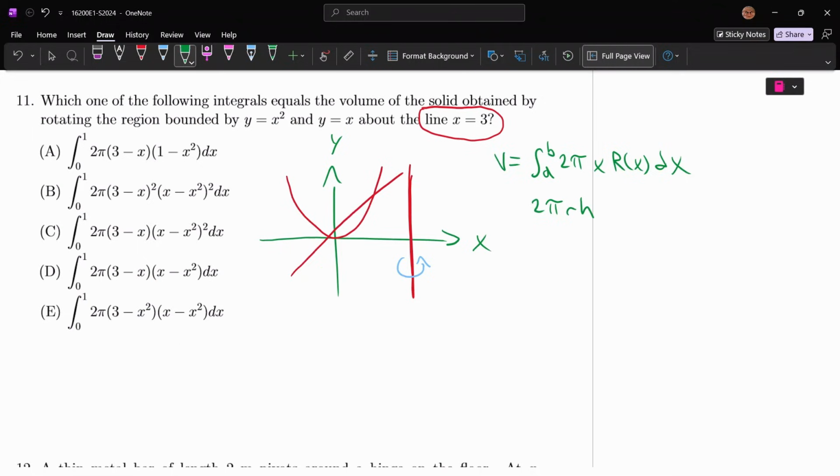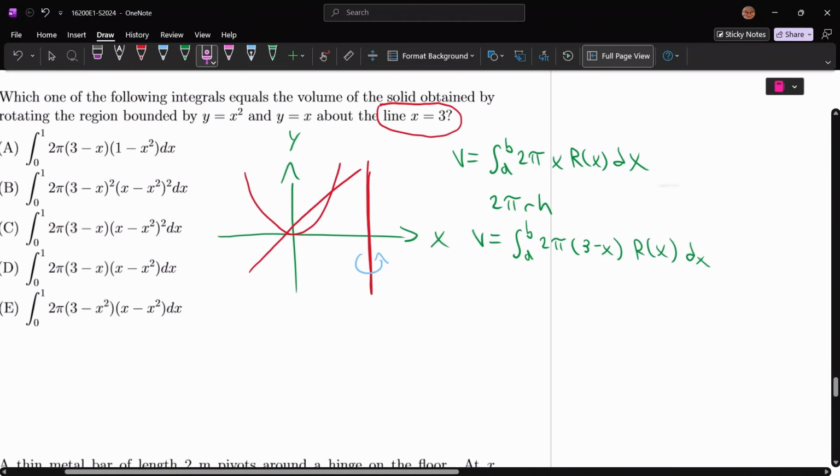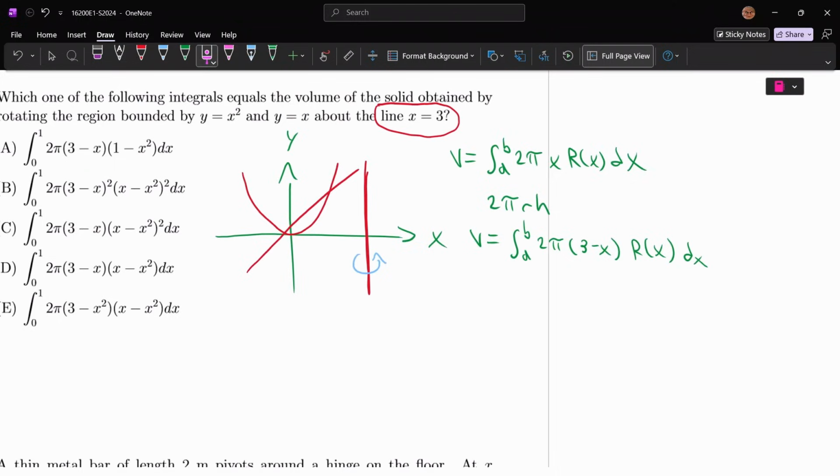So we're going to replace this x with 3 minus x, and we end up with V equal to the integral from a to b of 2 pi times 3 minus x times some function r of x, dx. Another way to look at it is that this 3 minus x makes it so you have to do 3 extra of something to achieve the same thing, and that results in a shift on a graph.